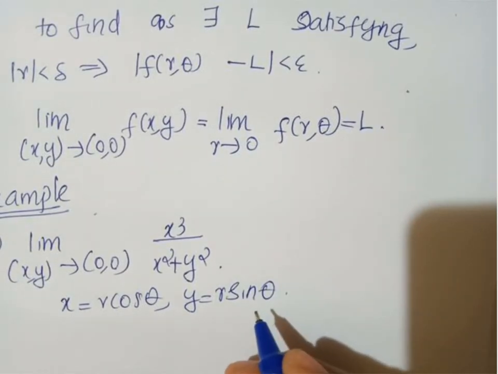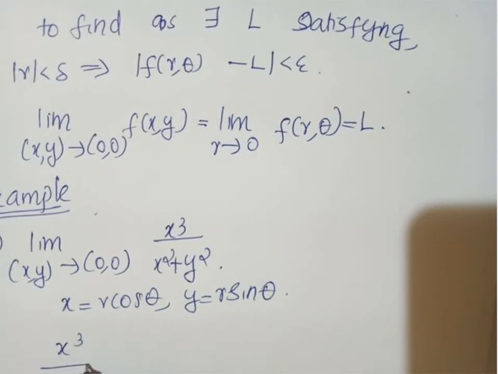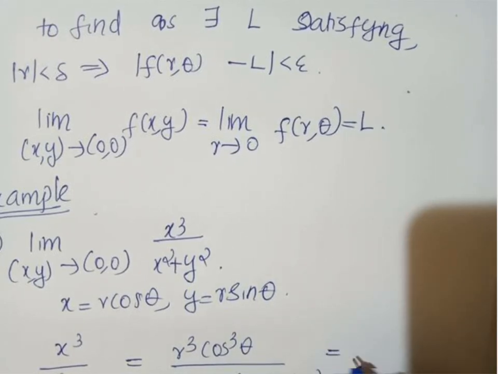The function x^3/(x^2 + y^2) becomes r^3 cos^3 theta divided by r^2 (cos^2 theta + sin^2 theta), which equals r cos^3 theta.